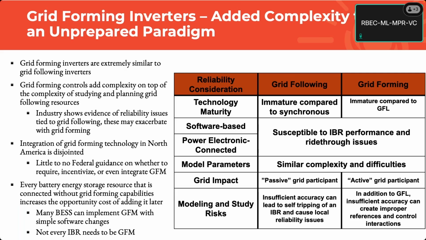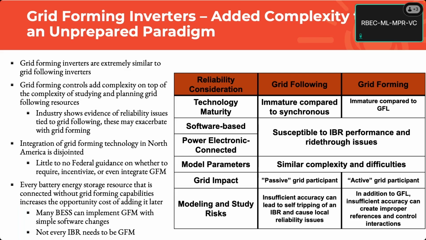Because of this, and because there's pretty much no guidance from FERC or NERC on grid forming right now, some of the more ambitious ISOs and utilities have put things in place that aren't the tariff but are still binding. That's okay, right? If you're a proponent of grid forming, you get more grid forming that way. But what also happens is you have even more disjointed requirements throughout the country, so it just piles on.